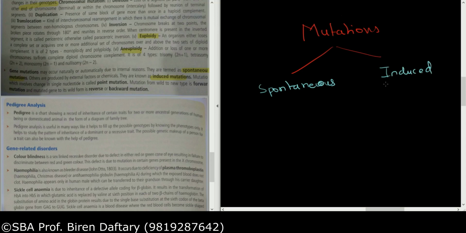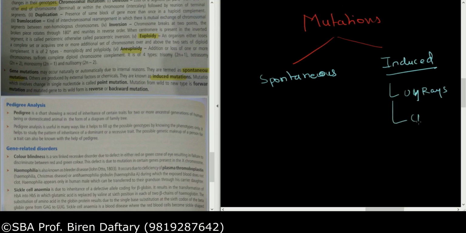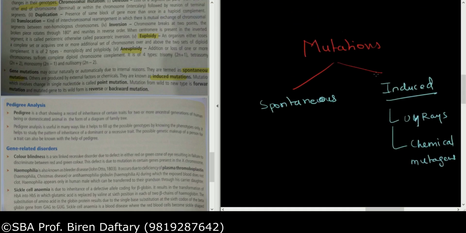They are induced due to external factors such as UV rays. Then factors such as chemical mutagens are the substances which cause mutations. So that is the part showing types of mutations.